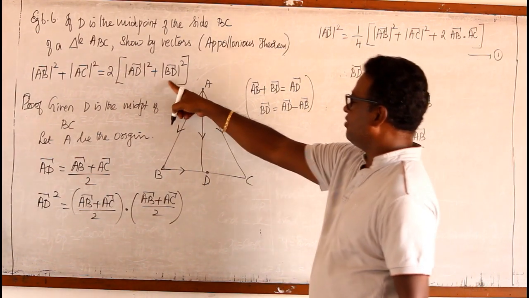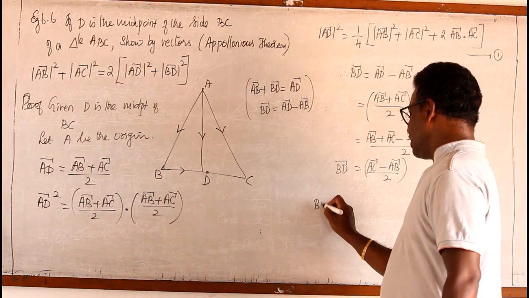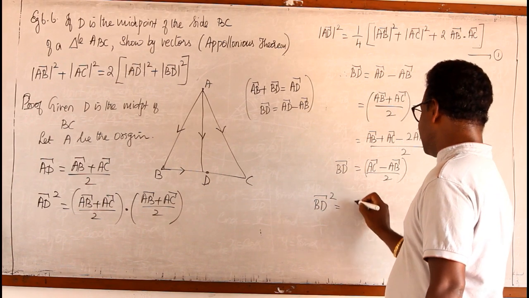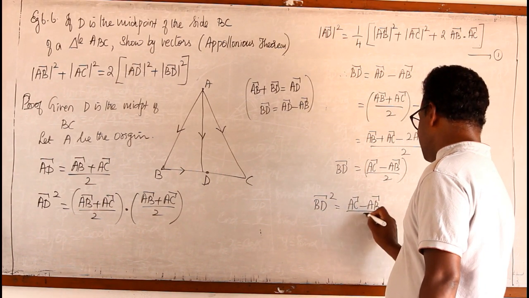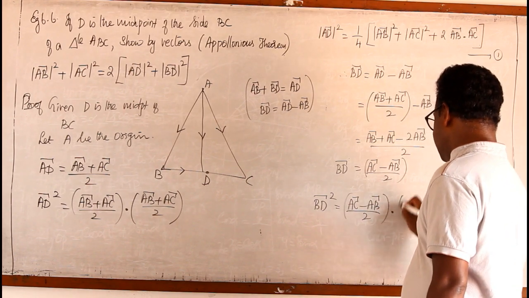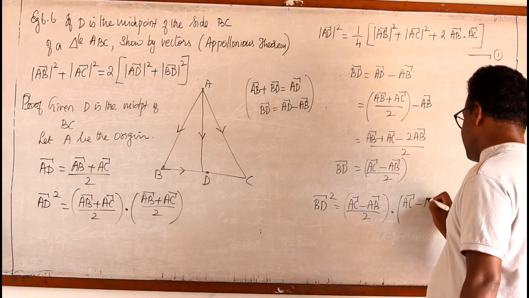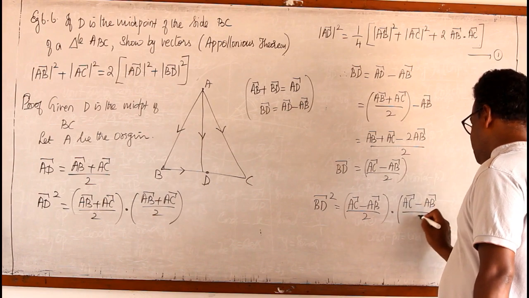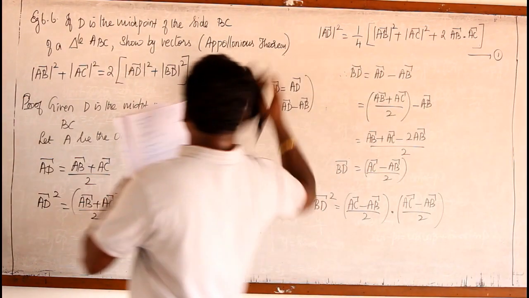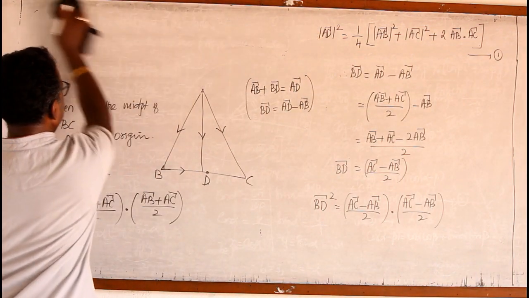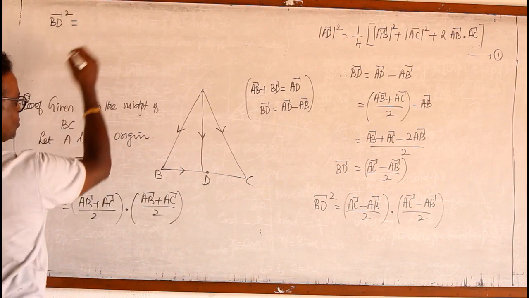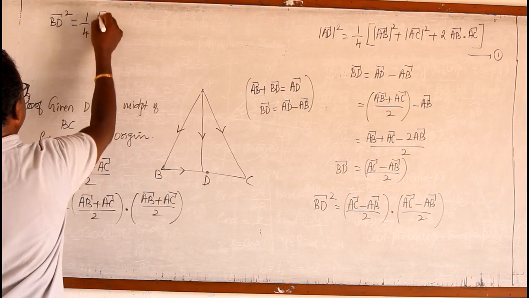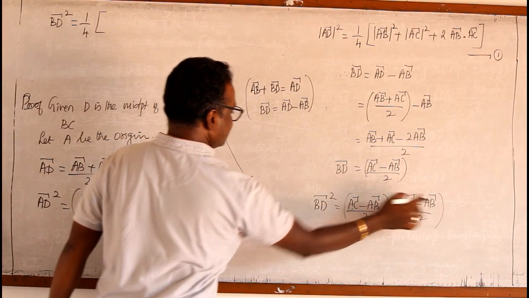Now we are in need of BD square. Therefore BD square equals AC minus AB by 2 dot AC minus AB by 2. So when we go for the product, BD square equals 1 by 4 can be taken out. Is it not of the form a minus b the whole square?